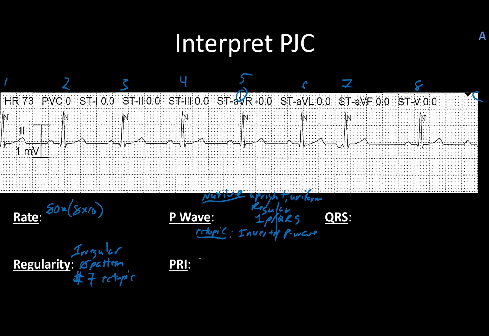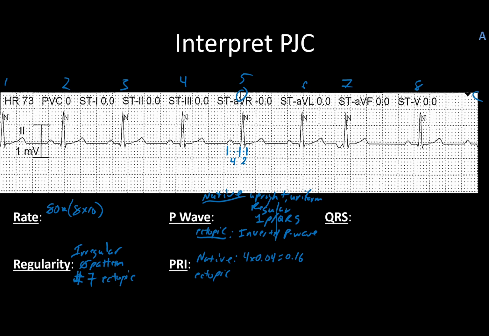So let's take a look at our PRIs. And so with our native, let's go ahead and do beat number 5 here, because that P wave starts on a line. That one ends there. So that is 4 small boxes. And since that pretty much started there, we'll say it, and the QRS ends here.